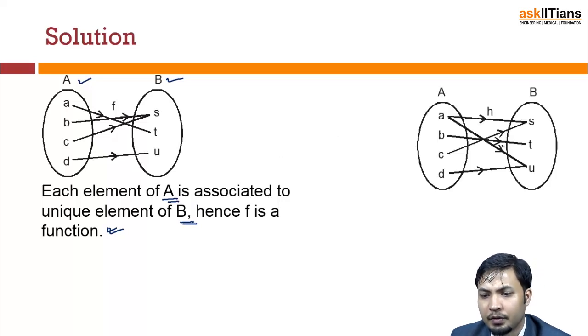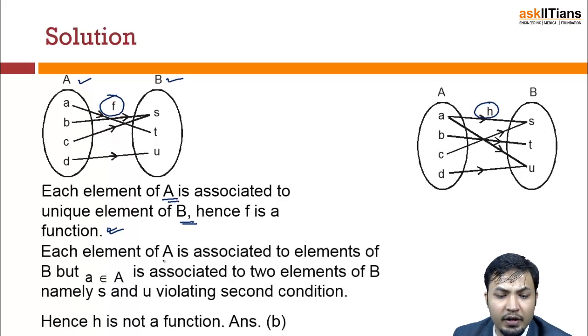From this, I can get, on the basis of the h function, this was for the f function, this is for the h function, I gathered this piece of information. What does this give me? That each element of A is associated to elements of B, but a belonging to A is associated to two elements of B, namely s and u, violating the second condition. Therefore, h is not a function.